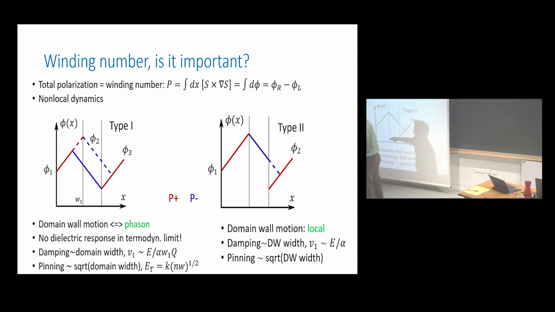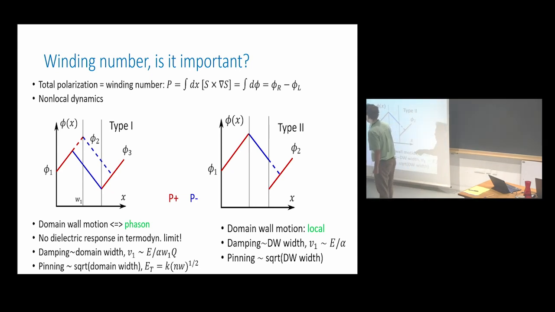So the electric field does not induce the motion of inner domain walls. Only the outer domain walls will move if the electric field is applied, because moving inner domain walls does not change the E dot P, does not change the polarization.